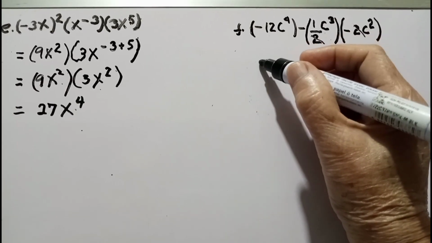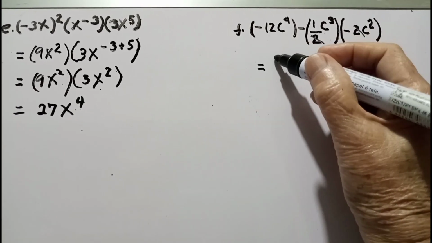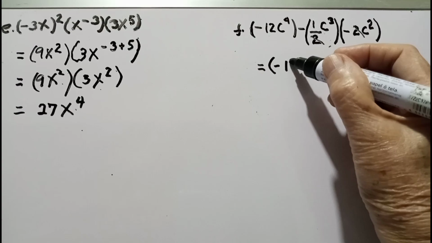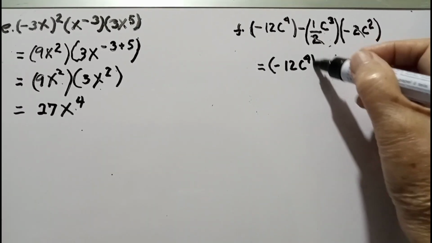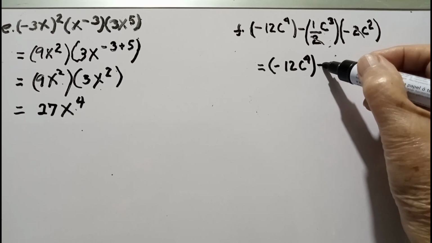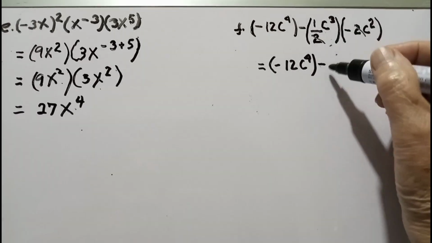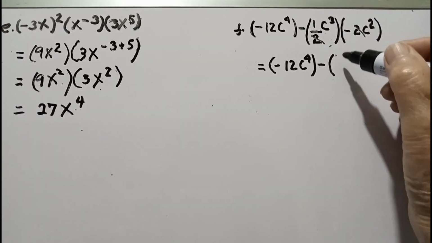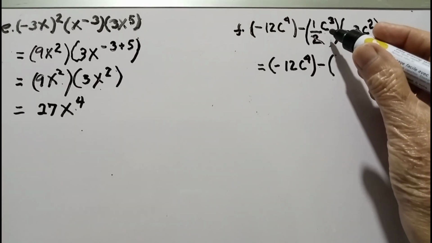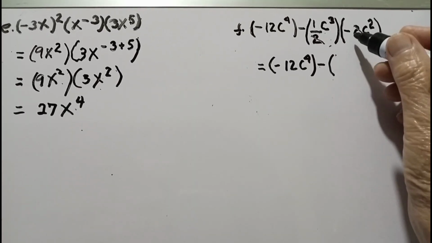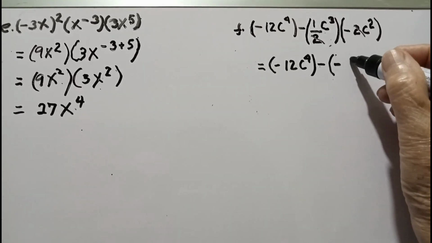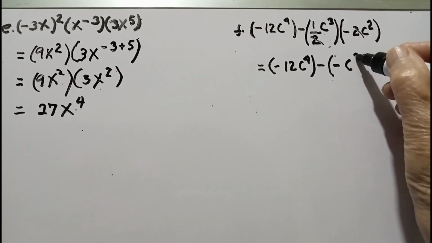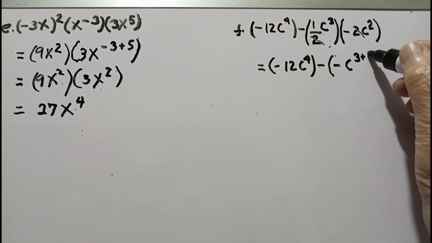So we have negative 12c to the 4th minus, so what is left here is c cubed times minus c squared is minus c to the 3 plus 2.